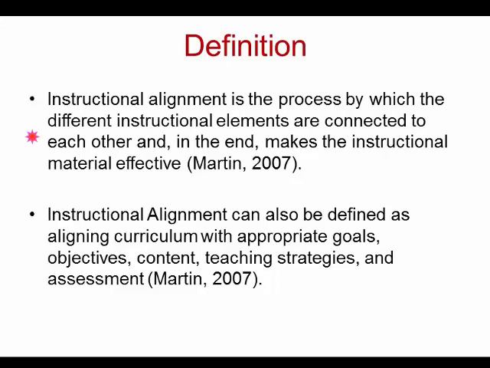And I also defined it as aligning curriculum with appropriate goals, objectives, content, teaching strategies, and assessment. I wrote these definitions about 8 years ago. So again, it is about bringing all the different elements in your course together. That is very, very important.